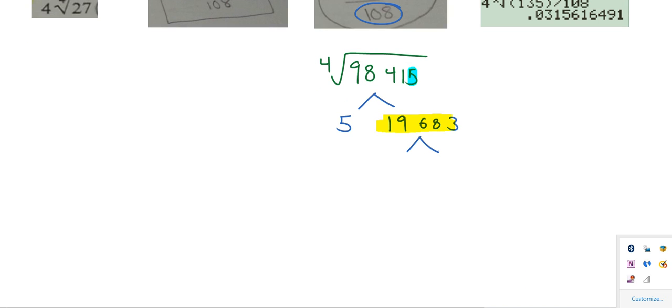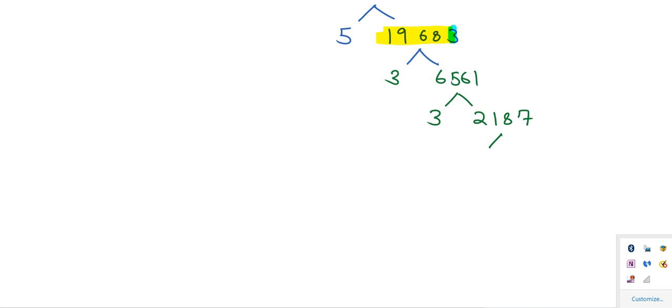Now you need to continue and break 19,683 down into a smaller number. I noticed you have a 3 there, so I'm going to divide this by 3. If you use your calculator and divide by 3, you get 6,561. I will divide this by 3 again and get 2,187. Then we can divide that by 3.